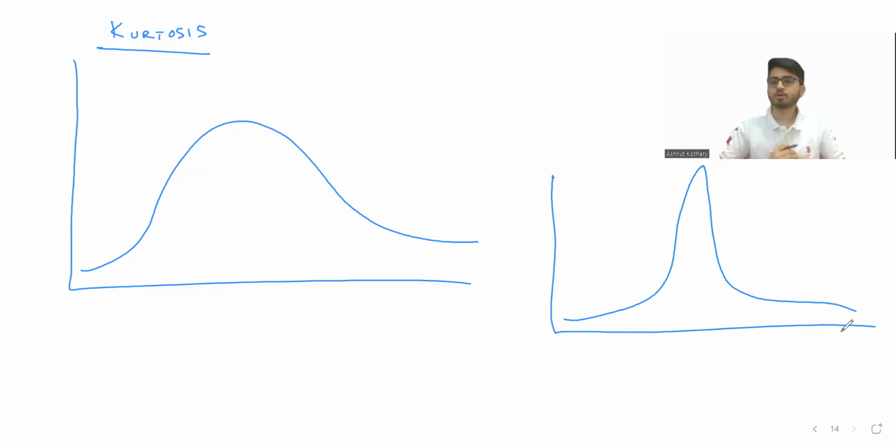Finally, box plot. That is one powerful tool which gives us an idea about the central location, the spread, as well as the shape.